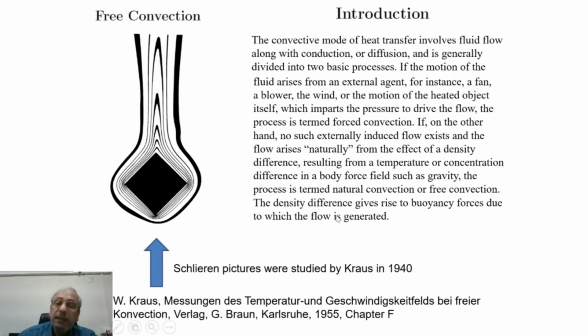The density difference gives rise to buoyancy forces, due to which the flow is generated. Here in the picture we can see the velocity field generated out of a heated square cylinder.